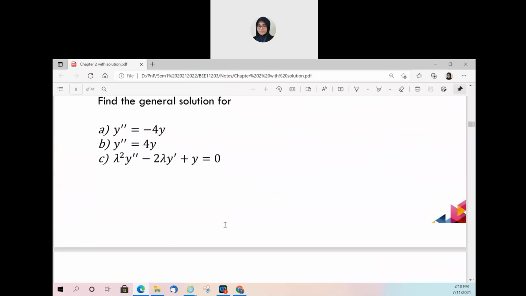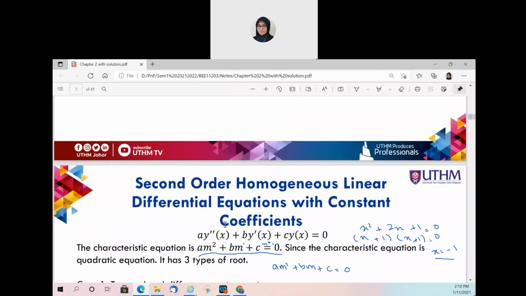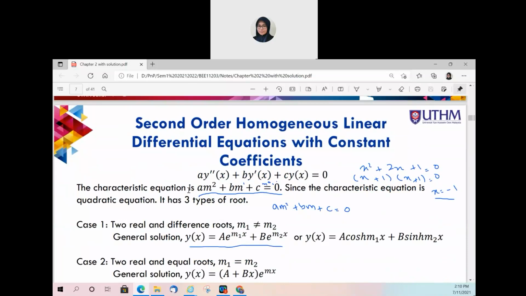So second order homogeneous equation is you have this general equation: AY double prime x plus BY prime x plus CY equals to 0. This part must equals to 0.